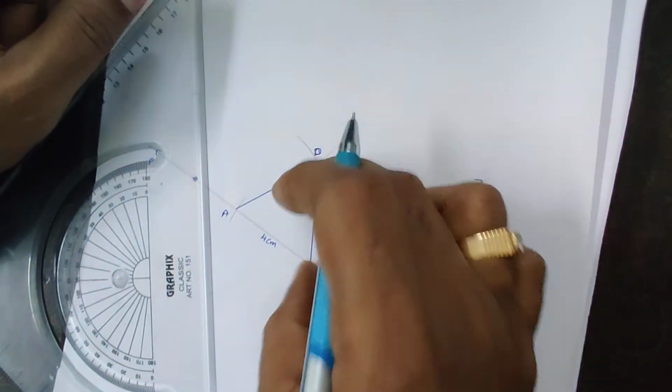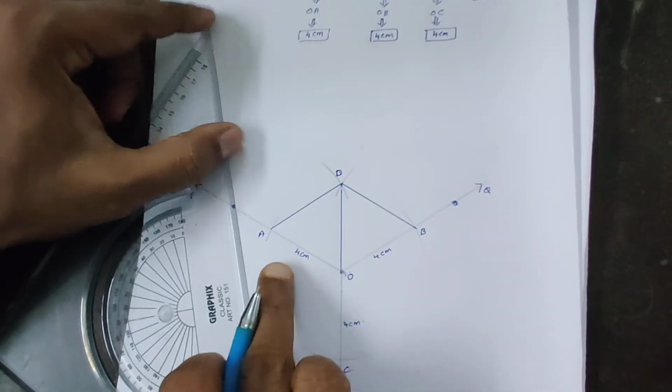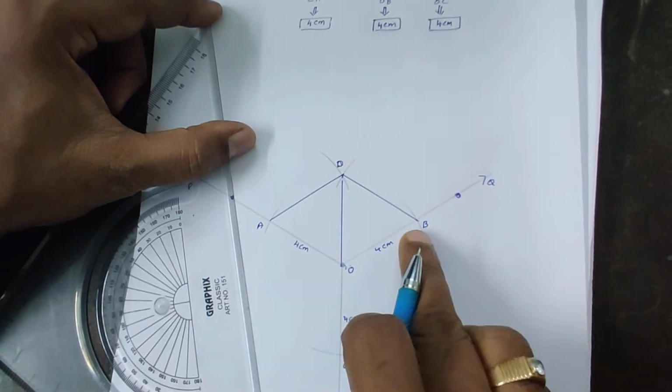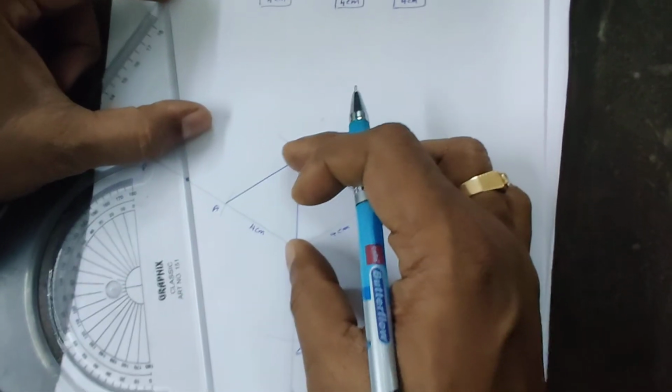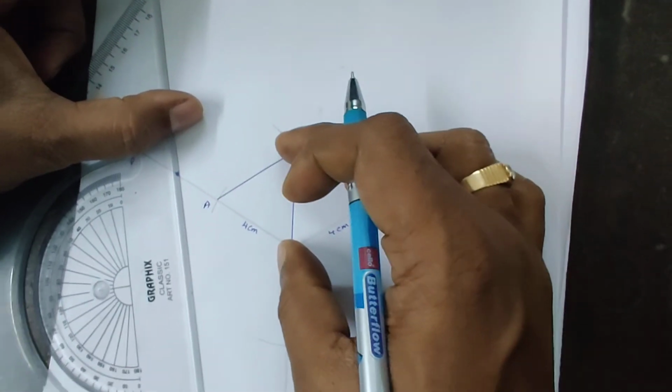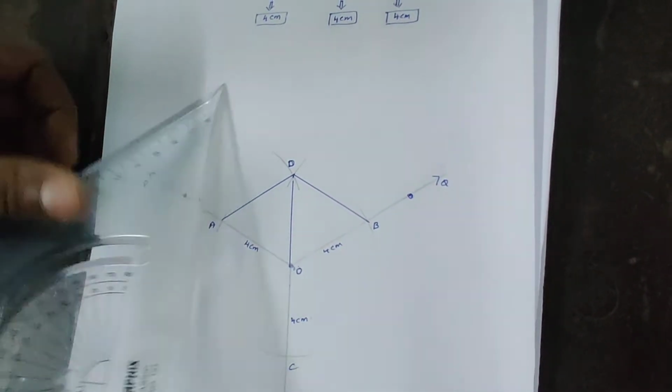So measure the value of this OD. That is the aim of this experiment. These are all known values: OA 4, OB 4, OC 4. We don't know the value of OD, so we are going to measure it, and it is going to show that OD is equal to OC. That is the aim of the experiment.